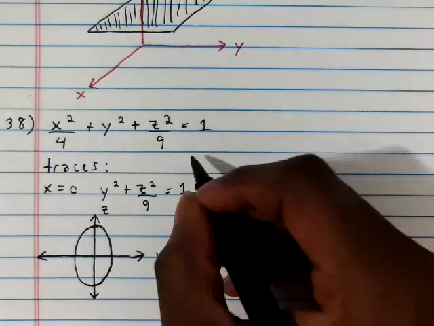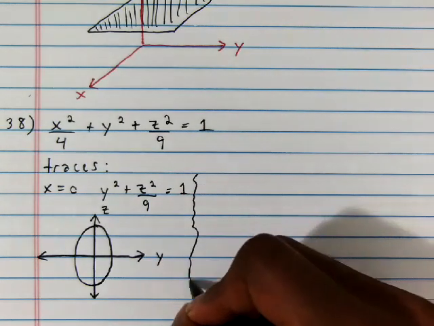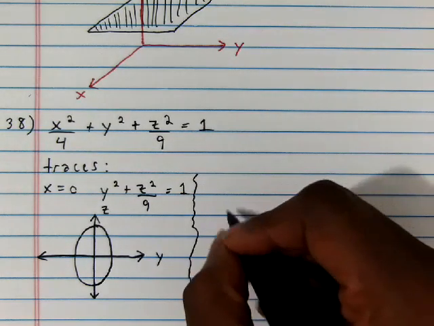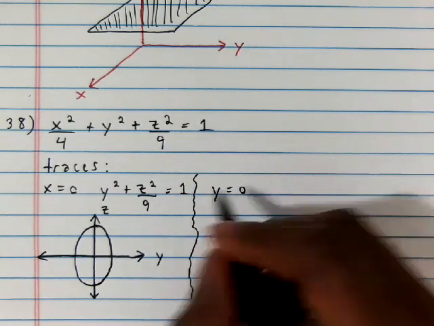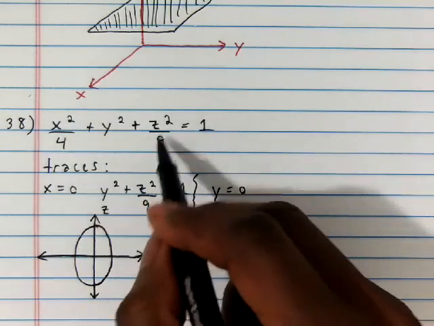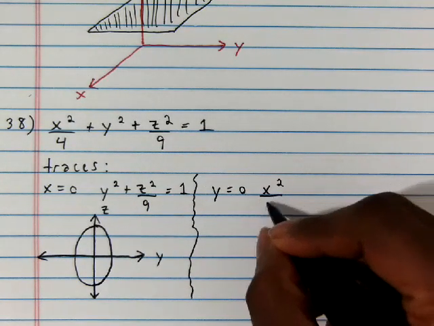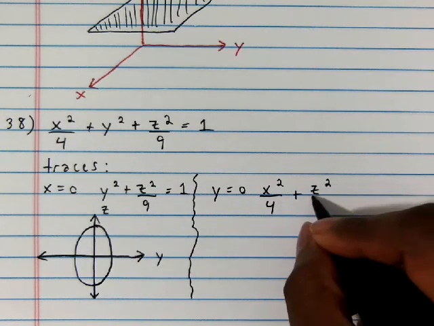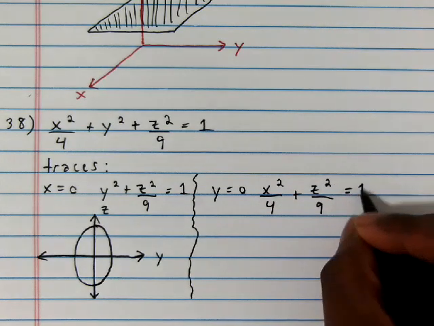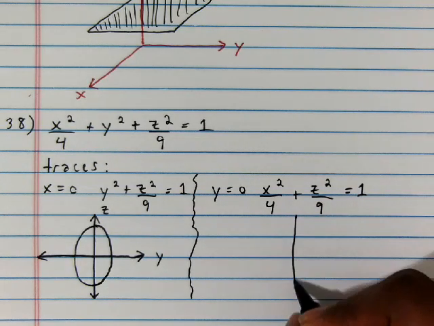Then let's do the trace y equals 0. And when we do that, we get x squared over 4 plus z squared over 9 equals 1, which is also an ellipse.